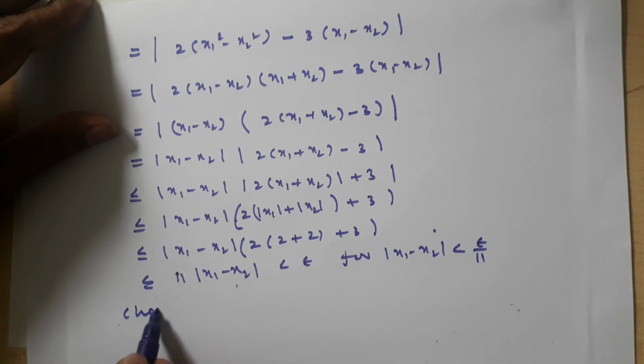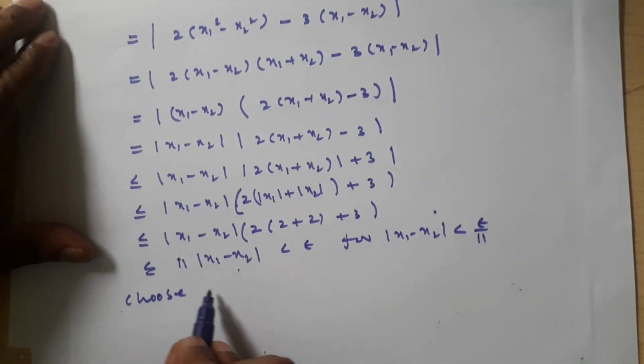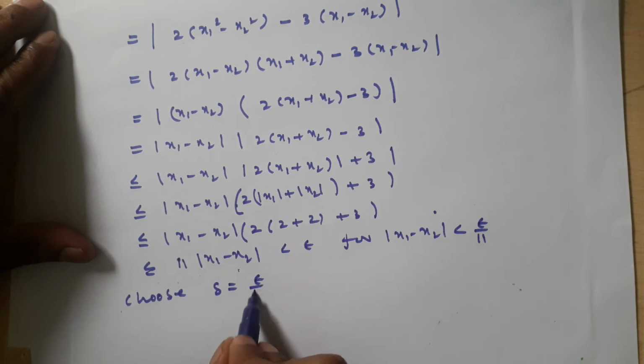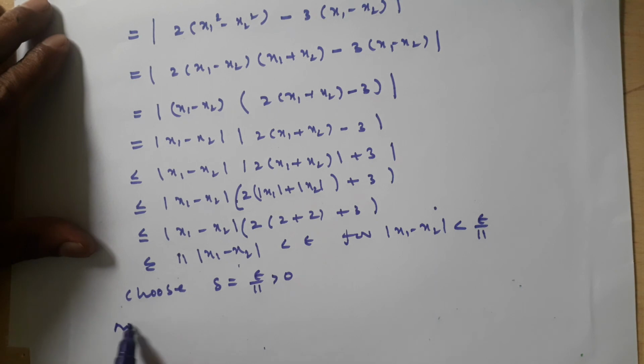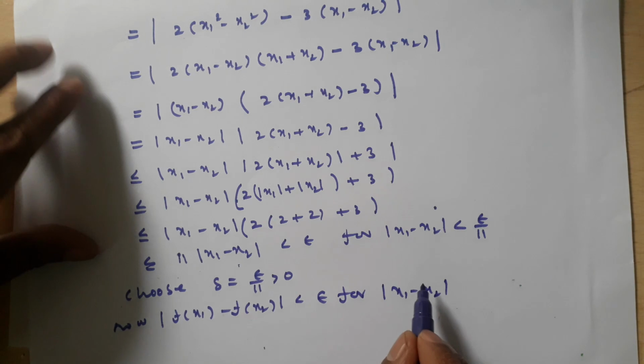Choose delta is equal to epsilon by 11 greater than 0. Now mod f of x1 minus f of x2 is less than epsilon for mod x1 minus x2 less than delta.